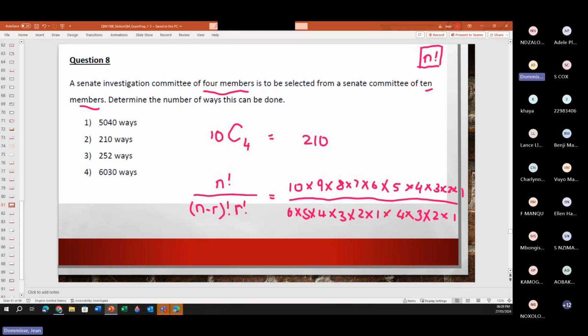So let's start, the 2 cancels out. 2 goes into 6 3 times, 3 goes into 3 1 time. There's a 5 that we can cancel out, so that is also gone.